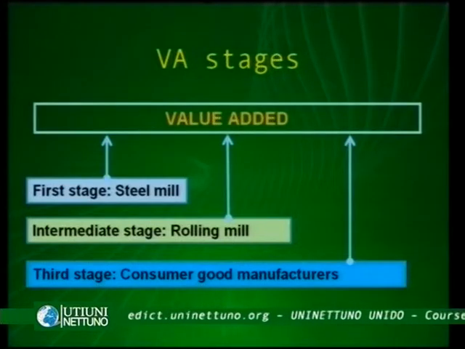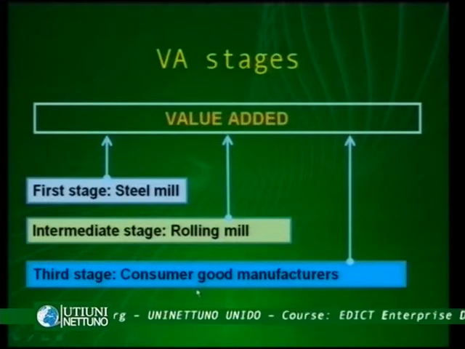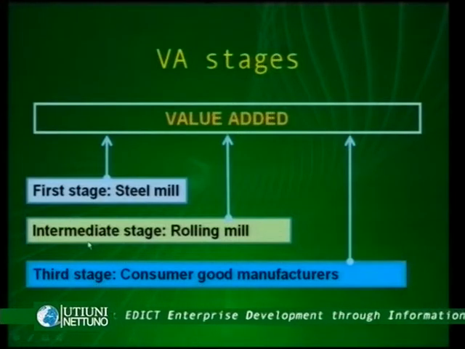So here we have three different stages of production. A first stage is the steel mill that is producing ingots. These ingots are then used at the second stage, here defined as the intermediate stage, by rolling mills, in this case to produce steel sheets.